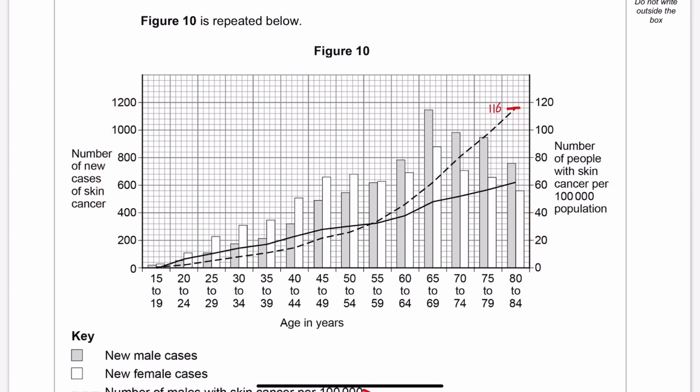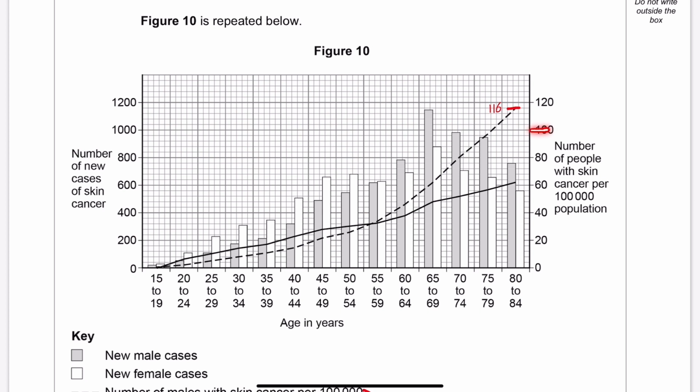The number of people with skin cancer per 100,000 population. We see here the age group is given as 80 to 84, and the graph for the males is the dotted line, and we know that this is 116.